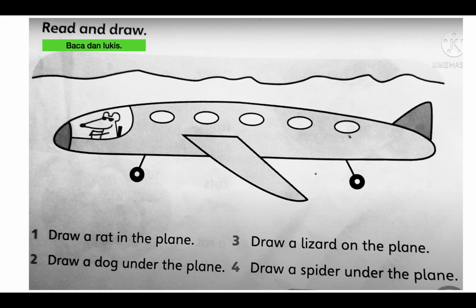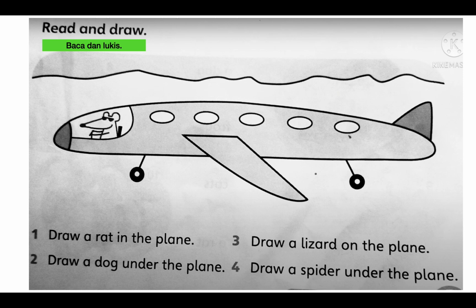I hope you still remember. Yes, plane is kapal terbang. Jadi, lukis tikus di dalam kapal terbang. So, kita lukis tikus di dalam kapal terbang. Okay. Second sentence. Draw a dog under the plane. Draw, lukis, dog.